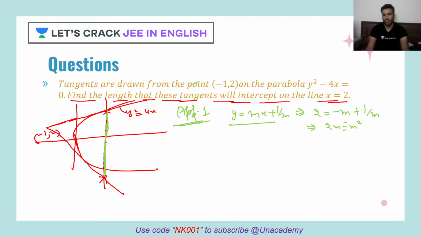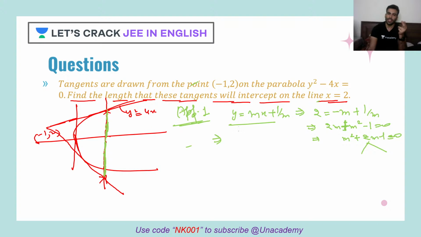I can shift it here, so let's make it plus m square and minus 1 is equal to 0. So this is my equation. Using this equation I can find two values of m, and I'll have two equations of tangents. Then once I have the equation of tangent, I can directly find the value of y coordinate when x is 2.